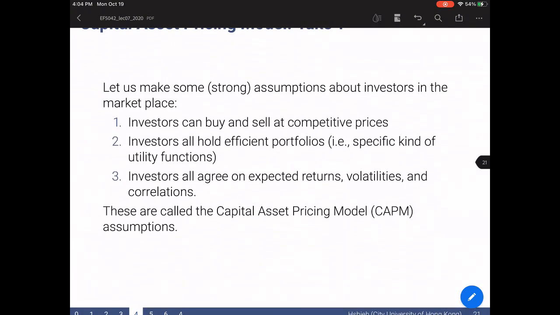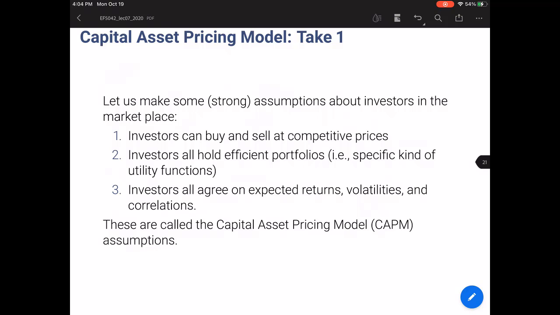So we're going to make some strong assumptions in order for this portfolio math to be translated into the Capital Asset Pricing Model. So first, we have to assume that investors can buy and sell at competitive prices. In other words, that means that all investors can trade essentially unlimited amounts, and there are no inefficiencies, right? There are many buyers, there are many sellers, and if you want to construct a portfolio, you can buy and sell a basically infinite amount, and that's the assumption we need in order for this portfolio math to actually make sense in equilibrium.